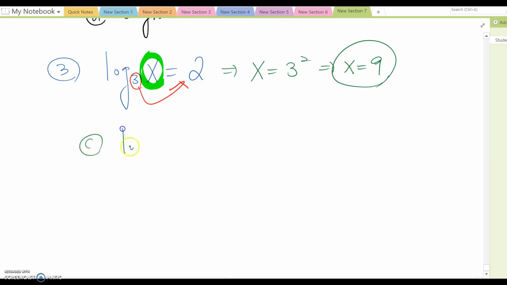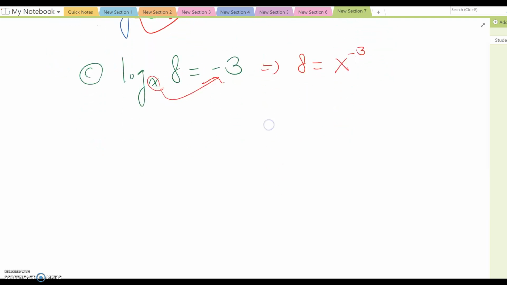In case c, log base x of 8 equals negative 3 here, right? Same thing. You switch to exponential form, then you can find x easily. Still move x to the other side, then you can do 8 equals x to the negative 3rd power, right? Now in this case you need to find the prime factorization of this number.